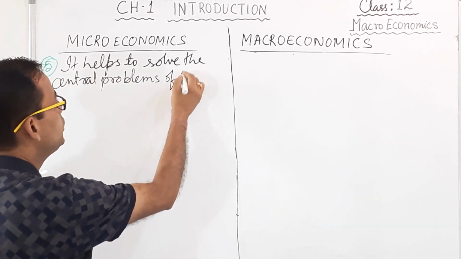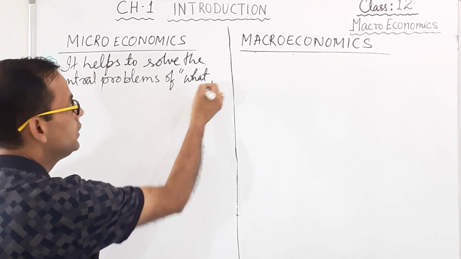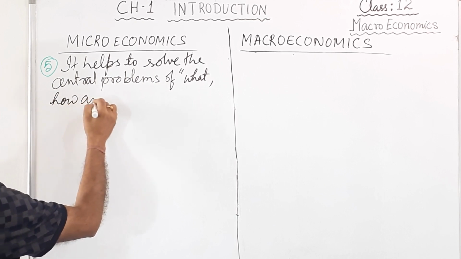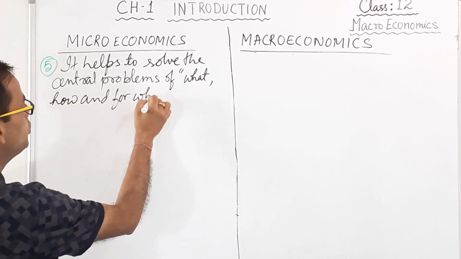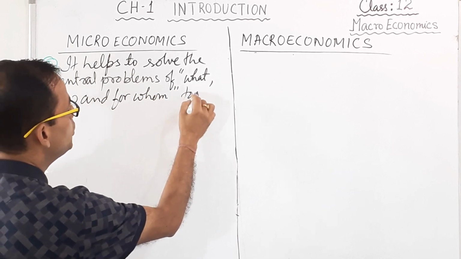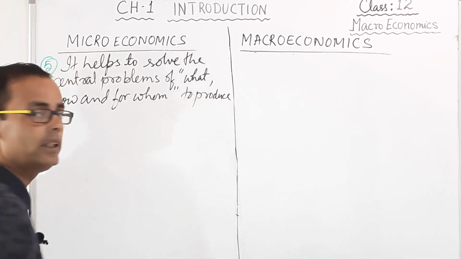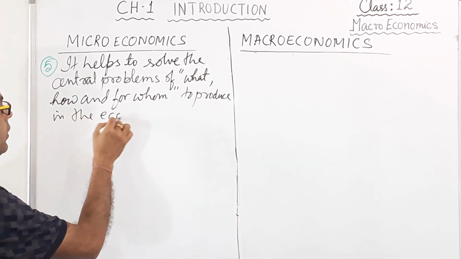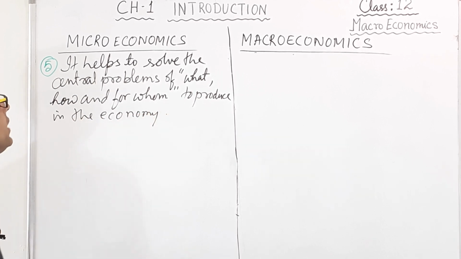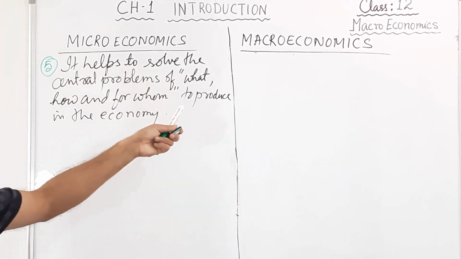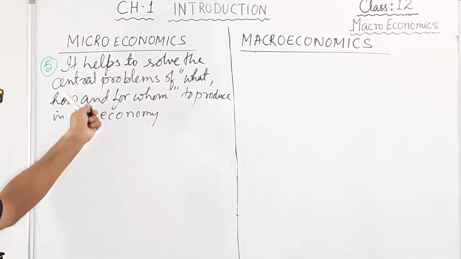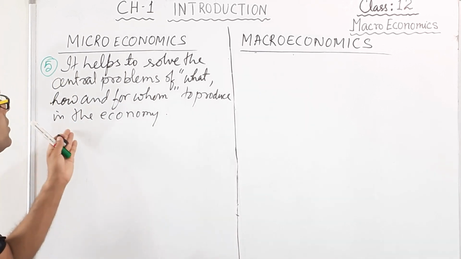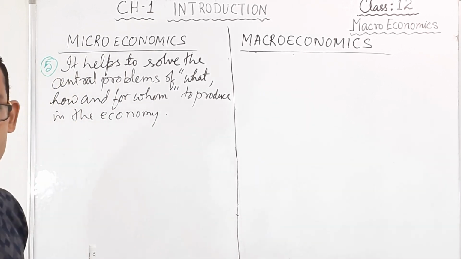Just now I told you: what, how, and for whom to produce. So these are the central problems in the economy. That means it helps to solve the central problems of what to produce, how to produce, and for whom to produce. So this is under microeconomics.